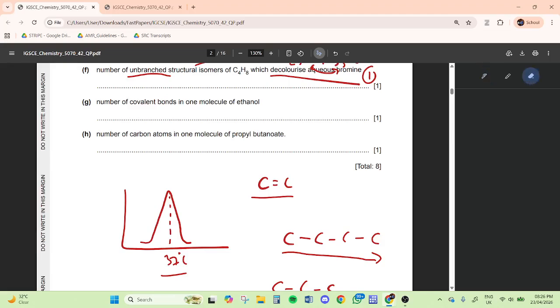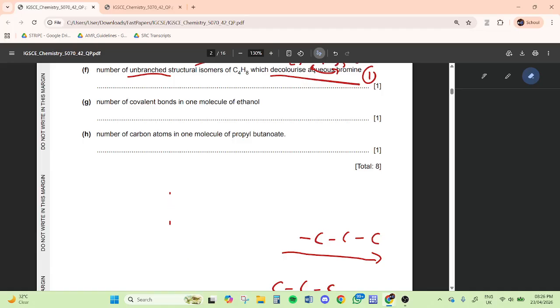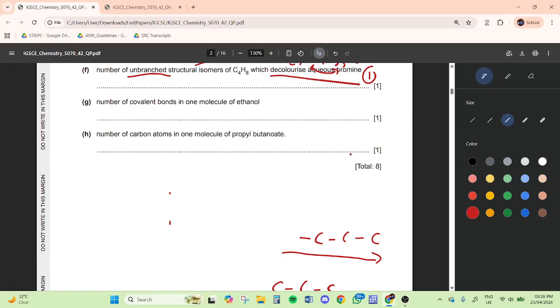If we look at the compounds for this, I'm just going to erase some stuff over here so we can work there. Let me erase the enzyme chart. The two compounds that they were hoping candidates would think of are but-1-ene and but-2-ene.